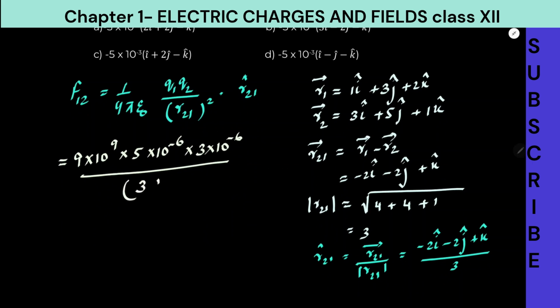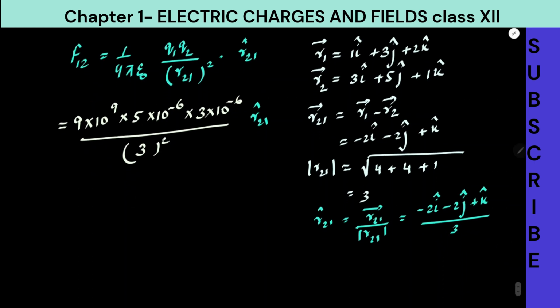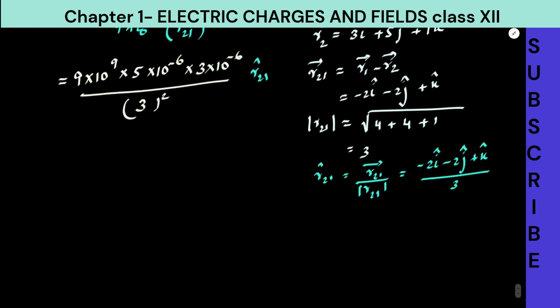R21 is 3, so be careful here, you have to place the magnitude of this. So 3 whole square, and R21 I will keep in vector form, since there is little space, because anyway that will be in vector. I hope this is clear. We will substitute this at the end.